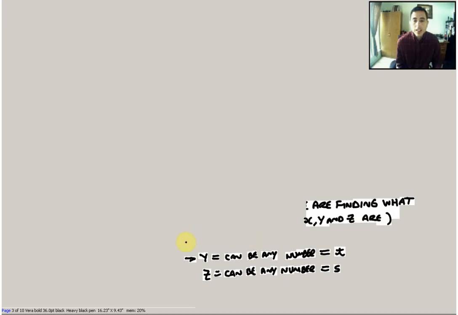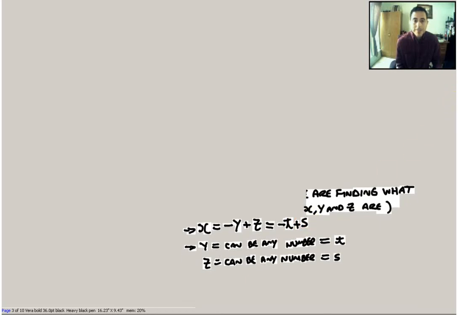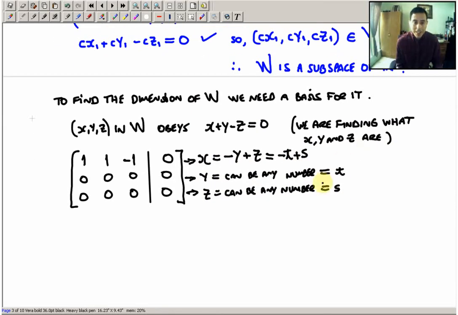And then this says that x, if I move these two terms to the other side, x is negative y plus z. Well, that means that this is negative t plus s. So that's the solution. It's an infinite number of solutions, of course. So here we have it: x, y, z is negative t plus s, t, and s.